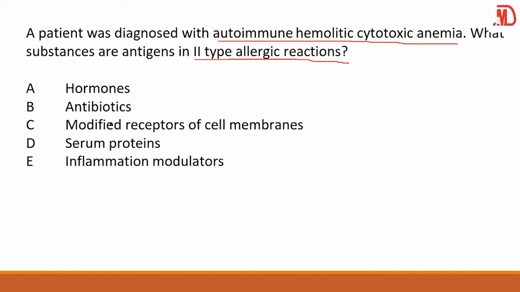Modified receptors. So the immune system sees this as a modified receptor on the cell membrane, and therefore it produces antibodies to react against it. The cell membranes are in modified forms, so it sees it as an antigen. So the answer is C. Your answer is C.